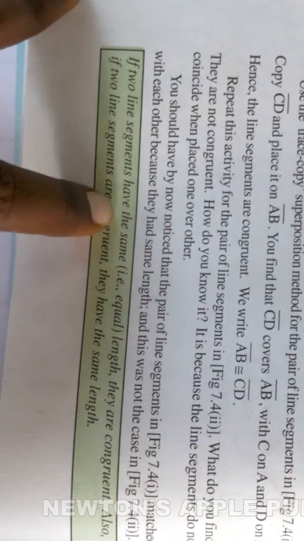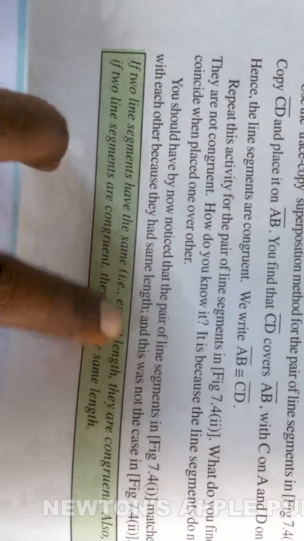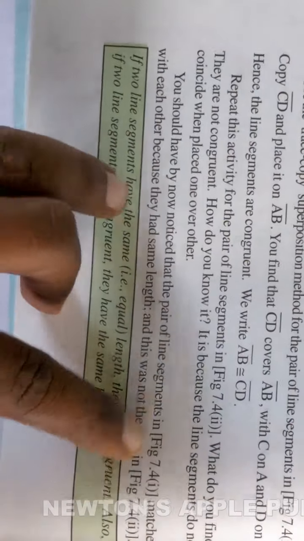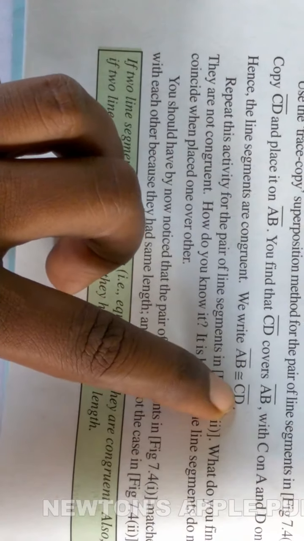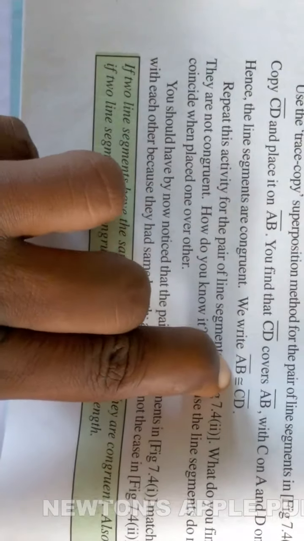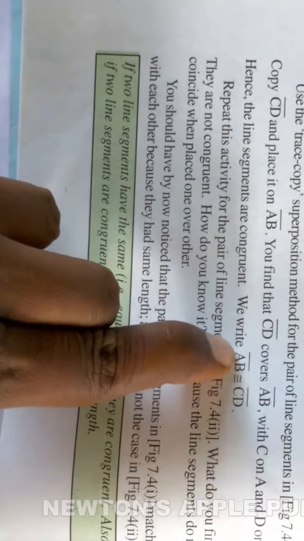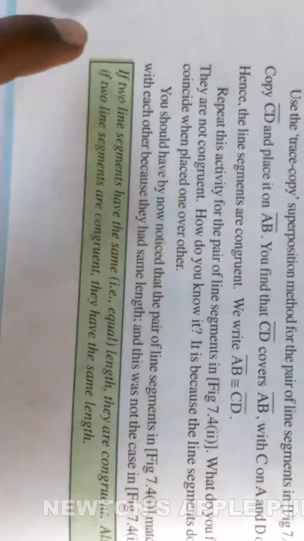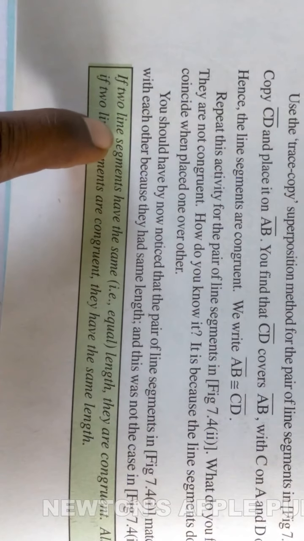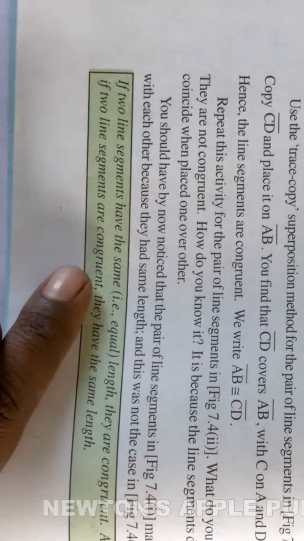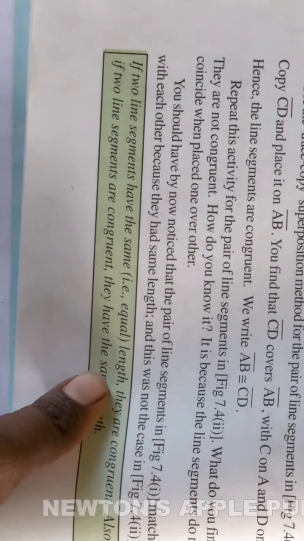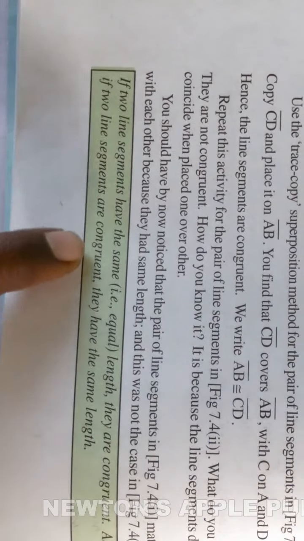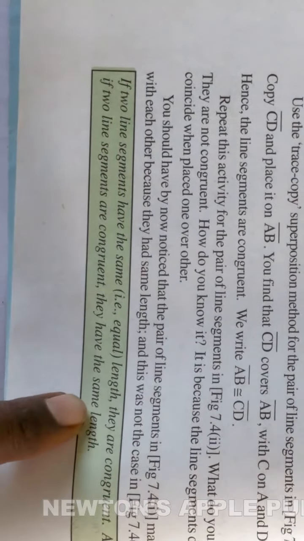Because line segment AB and line segment CD are both congruent. This is the symbol of congruent. Line segment AB and line segment CD are congruent. So if two line segments have the same length, they are congruent. Also, if two line segments are congruent, they have the same length.